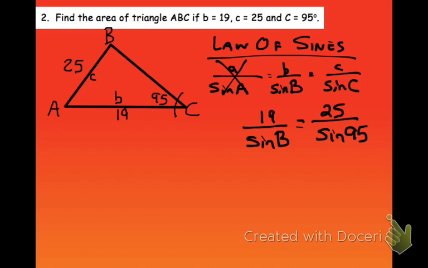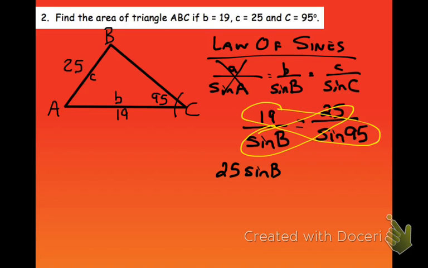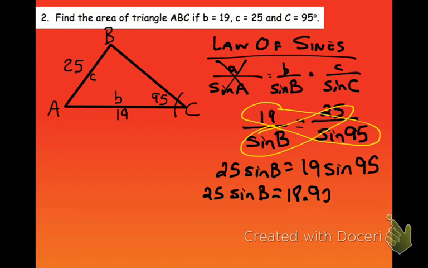So I'm going to do a little bit of my cross multiplication here. And I end up with 25 sine B equals 19 sine of 95. And I can plug that in my calculator to get 25 sine B equals 18.92769926.